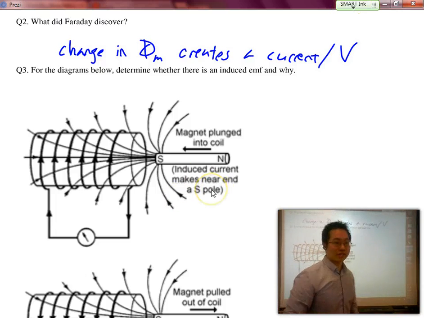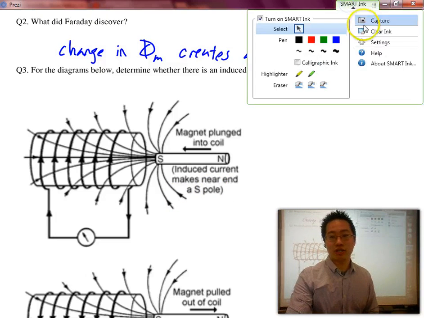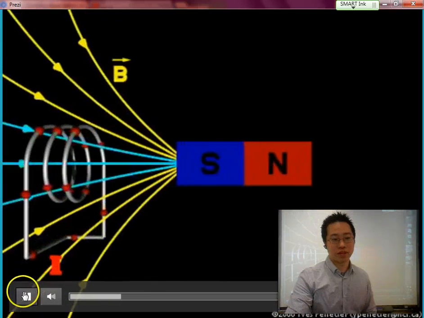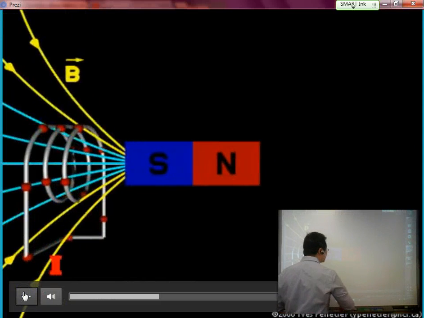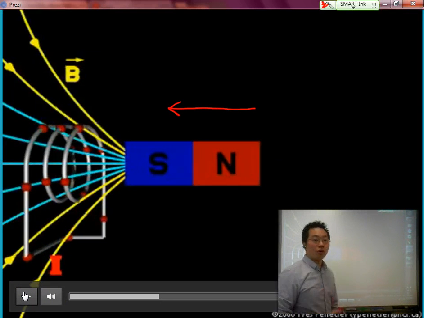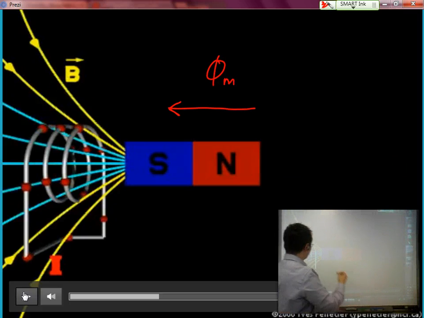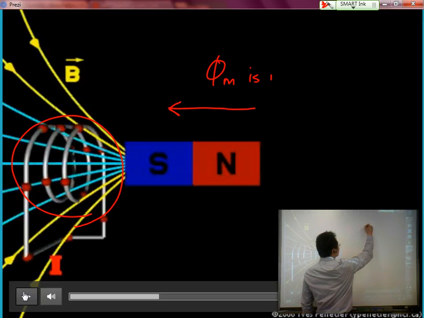If you take a look at this example over here, what I mean by a change in flux, okay, so here's a good example, you can see, I'll pause it for a moment, that as the magnet moved closer, the overall flux that was passing through the loops over here is increasing.